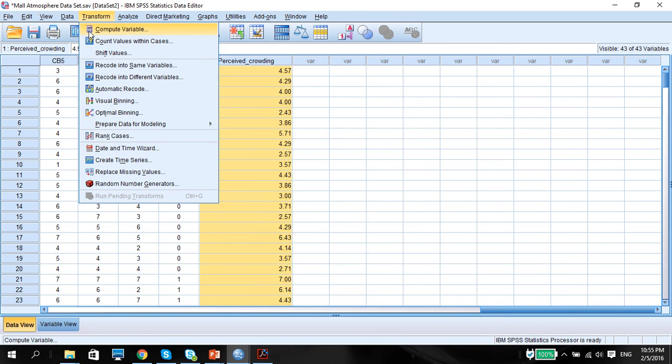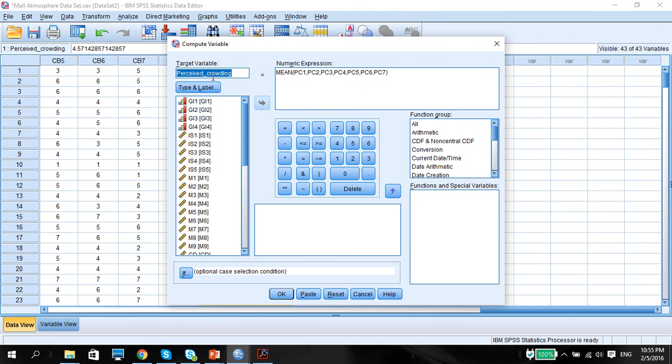So let's transform, compute variable, interior setting mean, IS1, 2, 3, 4, and 5. Then press OK.